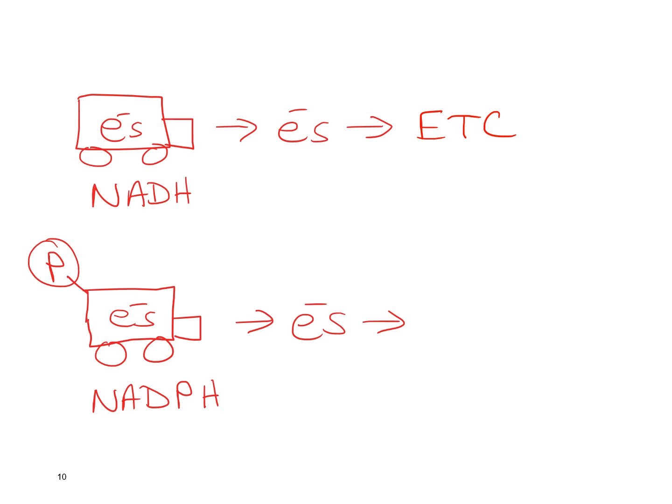And then we have the electron carrier NADPH. What's different here from NADH is that there's a phosphate group on the NADPH. And these electrons, instead of going to the electron transport chain, are going to be used for anabolic reactions.